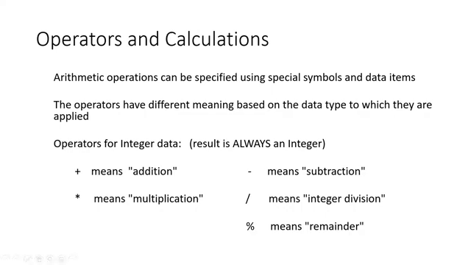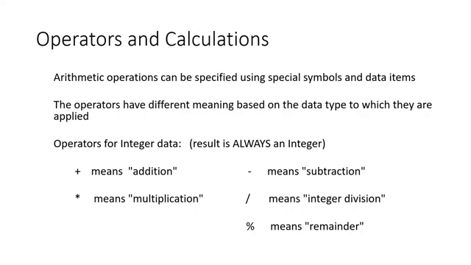And now for division, this is where it gets tricky. It gets a little different than maybe in your mathematical experience. The slash means integer division. If I have two integers and divide one into another, the result has to be an integer. That's a little different than you may be used to in regular math.